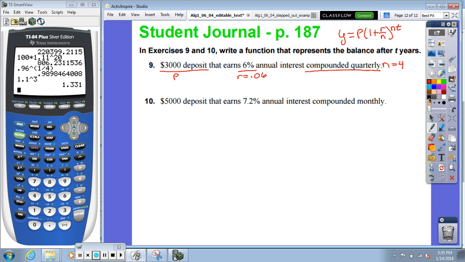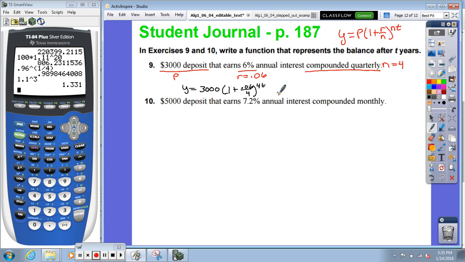So now we want to write an equation for that. All we're going to do is write y equals 3,000 times 1 plus 0.06 divided by 4, plugging in the r and the n, to the 4t. Now I cannot just stop there.